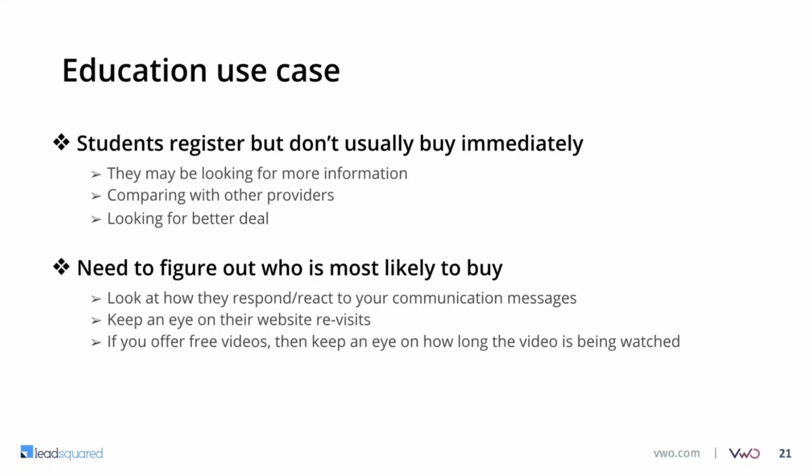So some of this buying process may be staggered, maybe over weeks in some cases, right? In that case, the student would register, compare, get the information available on your website, compare with other products, and try to figure out the best fit for him or her.